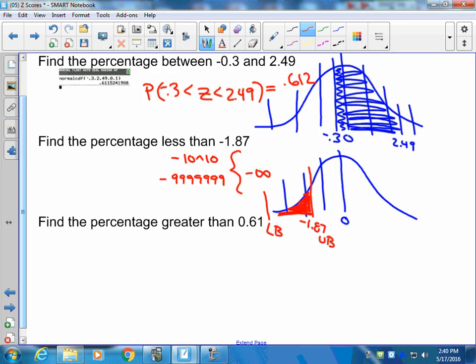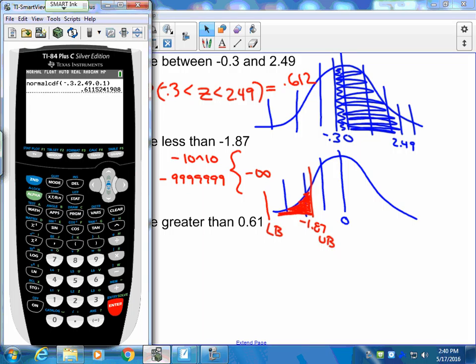Okay, the numbers are very different, but it does the same thing for us overall. Okay, so now the important part, like I said, is seeing the picture, being able to build through and find your lower boundary. Okay, I'm going to use the negative 10 to the 10 in this case. And then we need our upper boundary, the right boundary of this interval, negative 1.87.